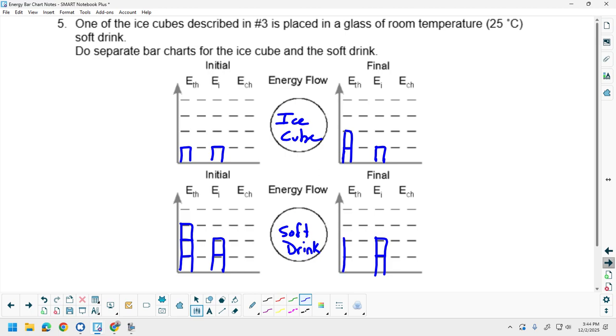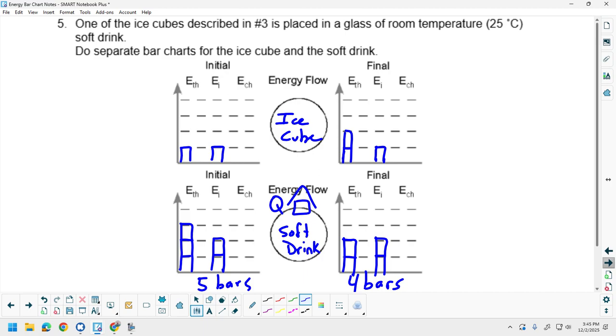And so we'll have that go down. Now, as we do that, we see for the soft drink, we started with 5 bars, and we ended with 4 bars, which means our soft drink lost 1 bar of energy.